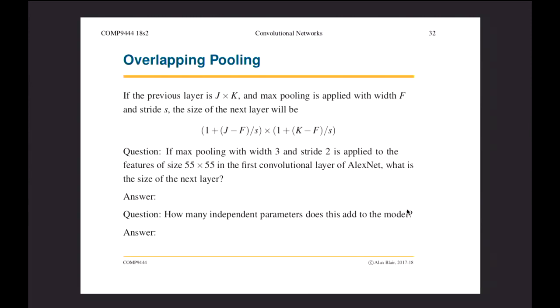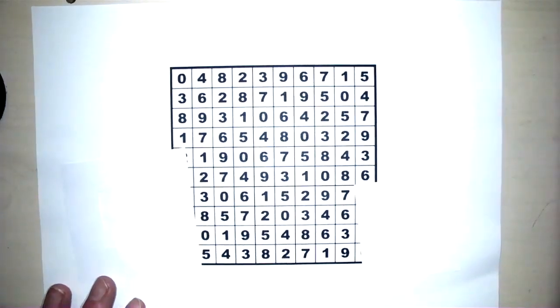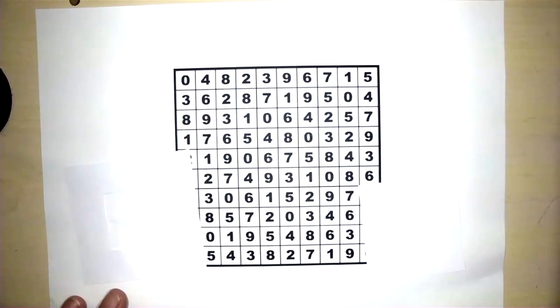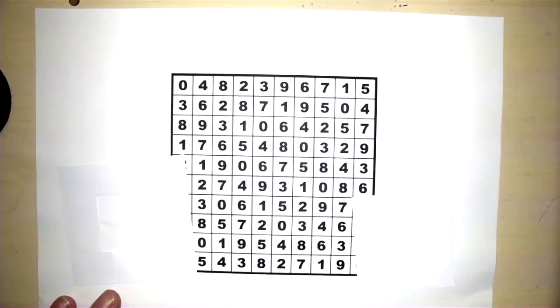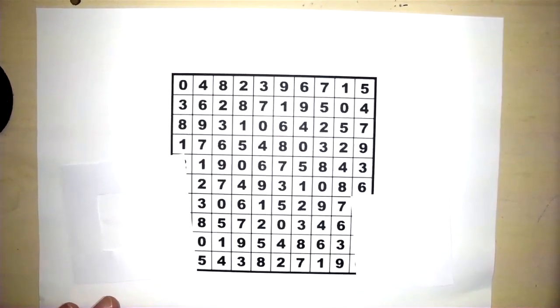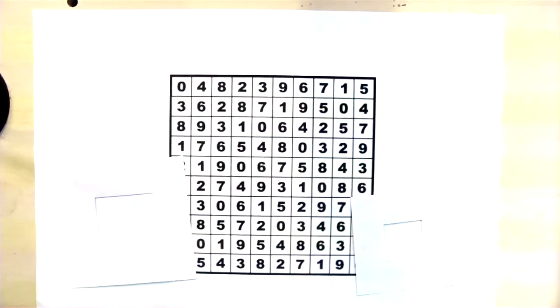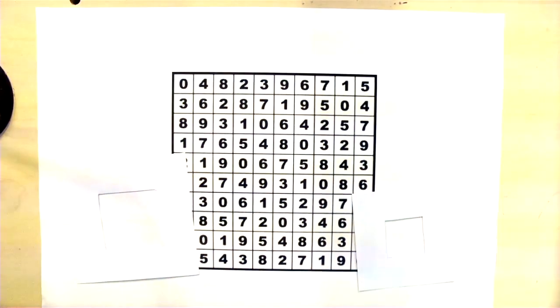Now, this, we'll just try to, this always fails the first time. I don't know what's going on. Let me try the same trick again.